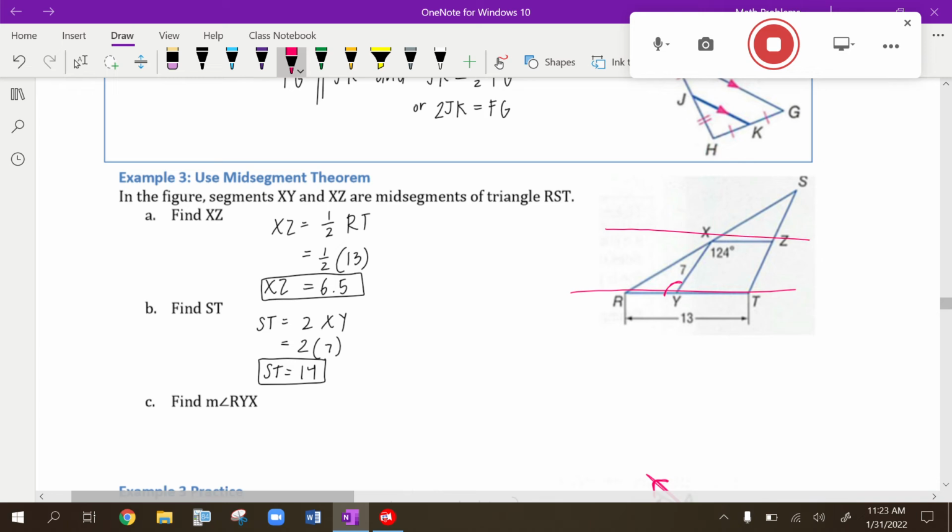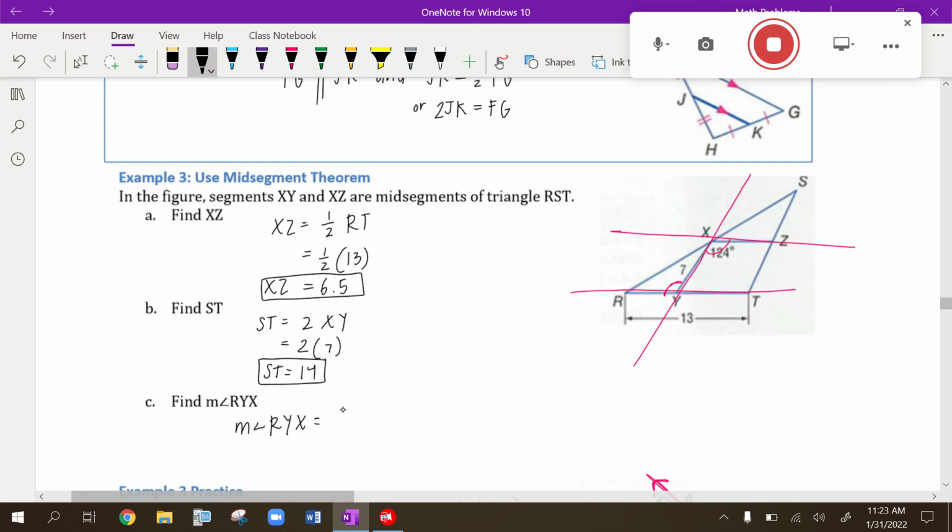We could look at RT and XZ. With these parallel lines, I can use one transversal to connect the angle I know to the angle I'm trying to find. These two angles, ZXY and XYR, are alternate interior angles. That means that since the lines are parallel, those two angles must have the same measure.